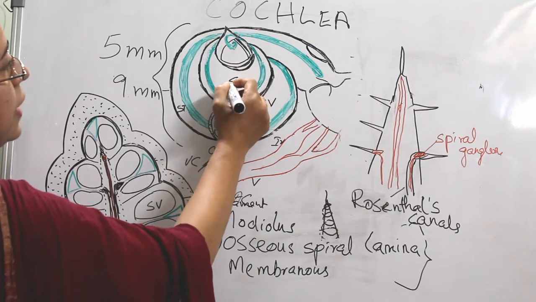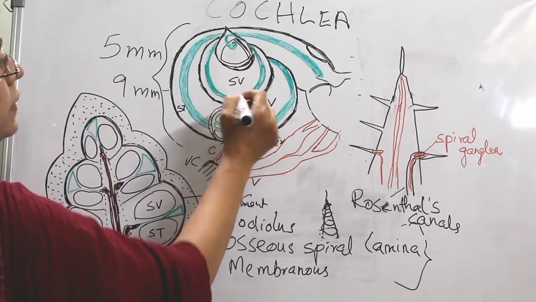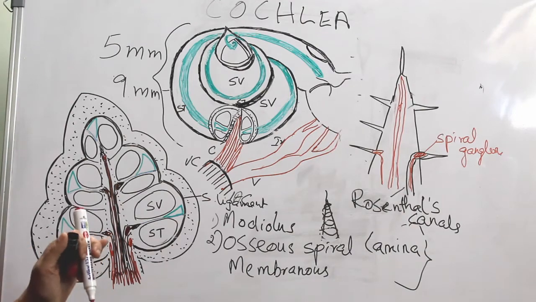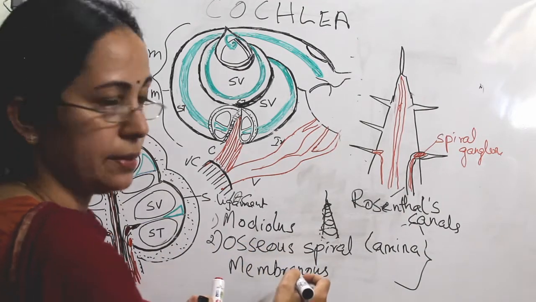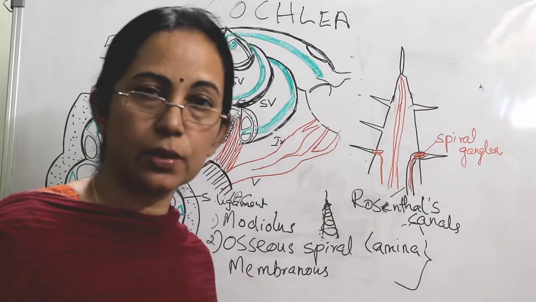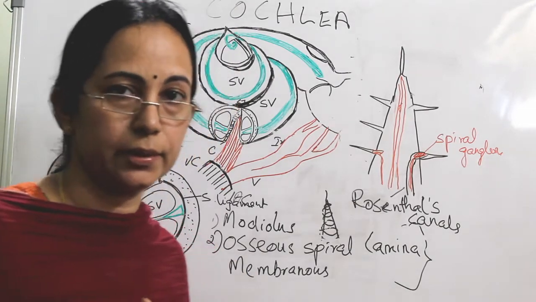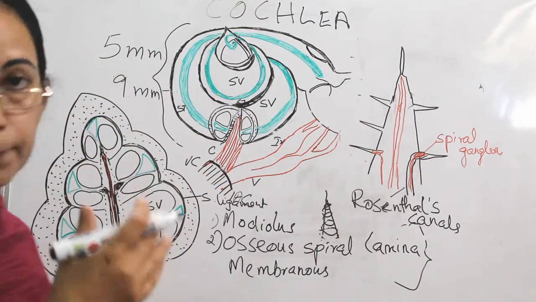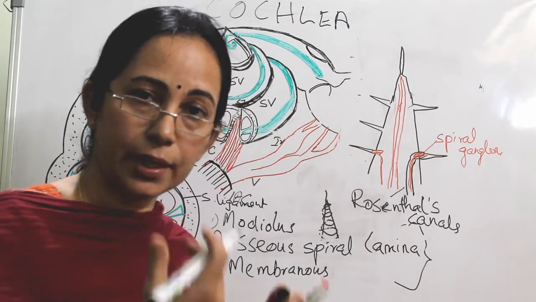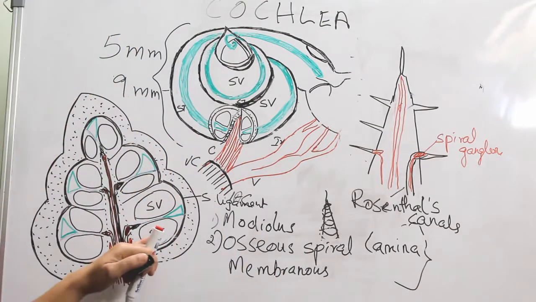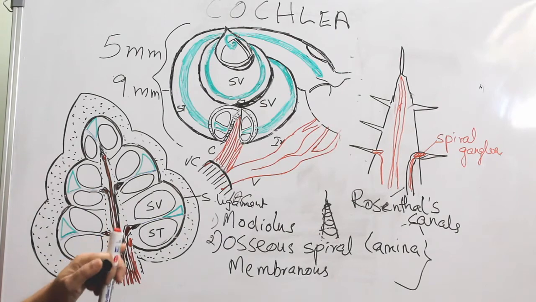So this divides the cochlea into an upper part towards the apex, the scala vestibuli, and below is the scala tympani, right?